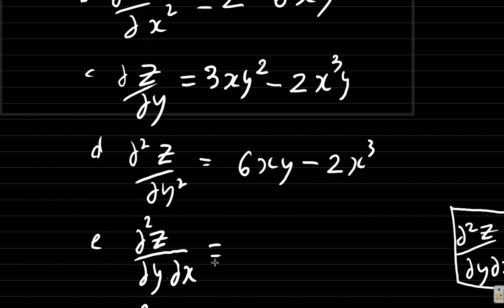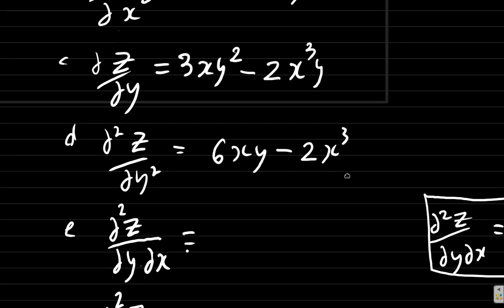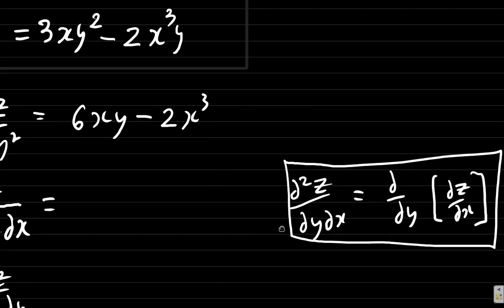Now, for this part, the second derivative of z, of the delta z by delta x, but this time with respect to y. Now remember, when you say the second partial derivative, or delta square z by delta y delta x, it means you've already done the part on the right.